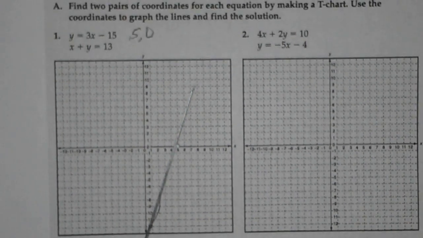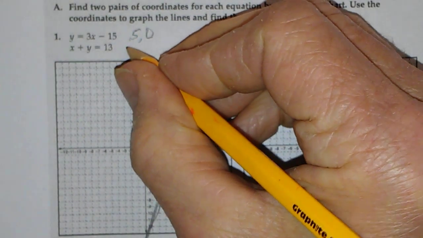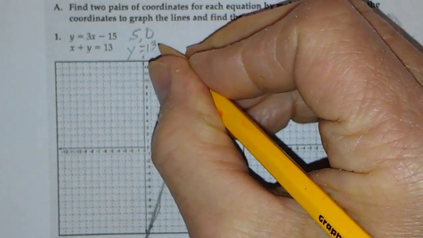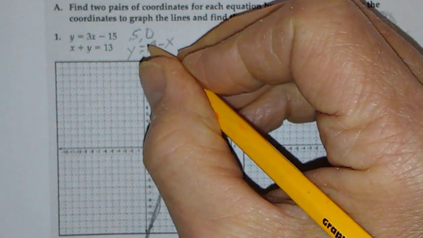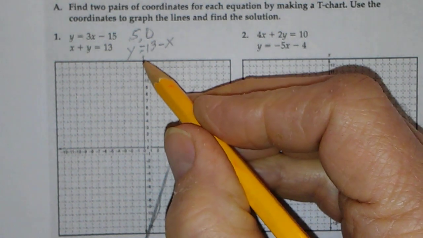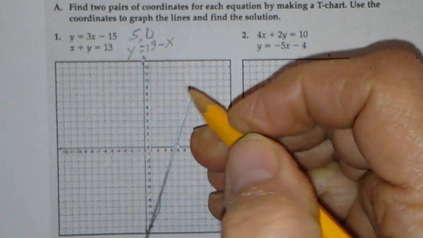Okay, other equation. X plus y is 13. I could change that to y equals 13 minus x, or minus x plus 13. The y-intercept is 13 this time, right at the top. When x is 0, y is 13, right?